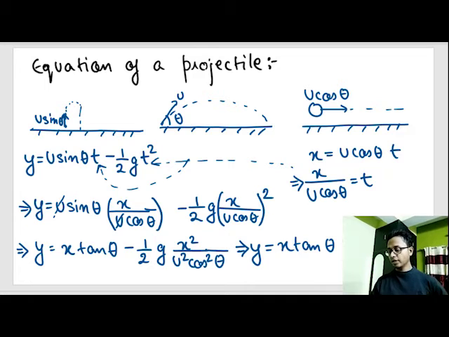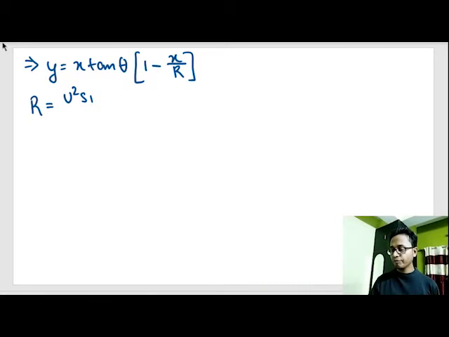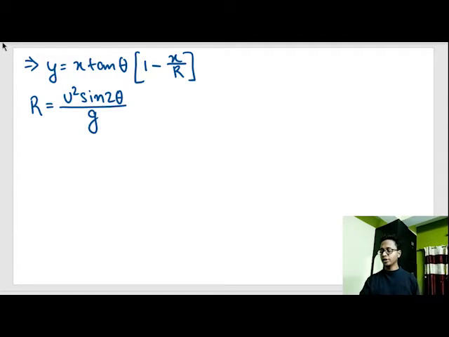The easier way to remember is y is equal to x tan theta, 1 minus x by r, where r is the range of the projectile. Range of projectile is u square sine 2 theta by g. This is a much easier formula to remember, because you already have to remember time of flight, range and height.